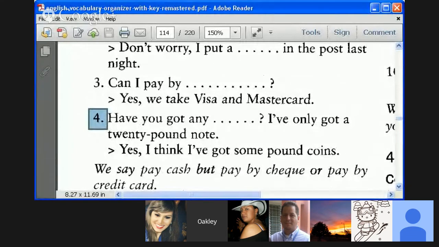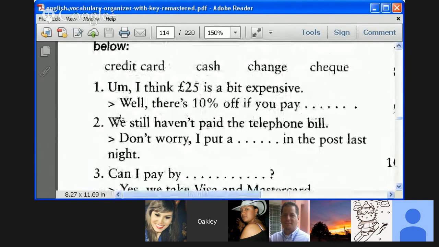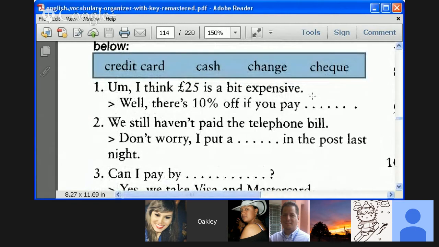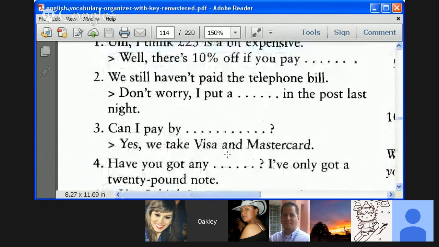Okay, coming around again, Carvalho. Number 4. Have you got any cash? Probably not.